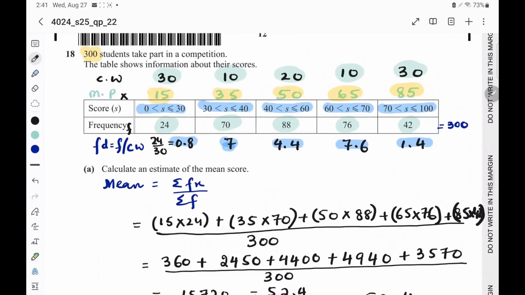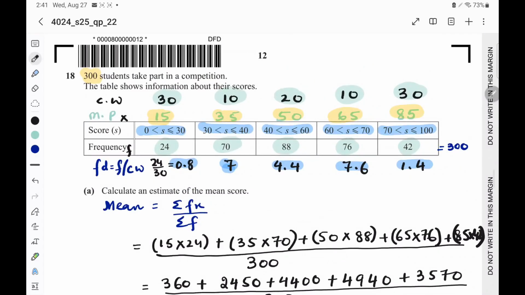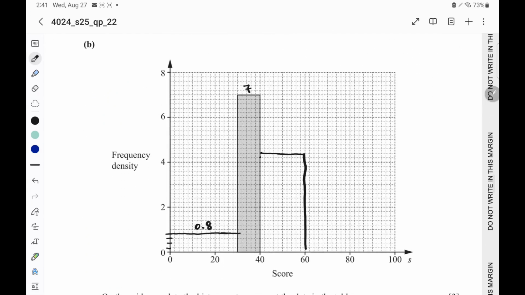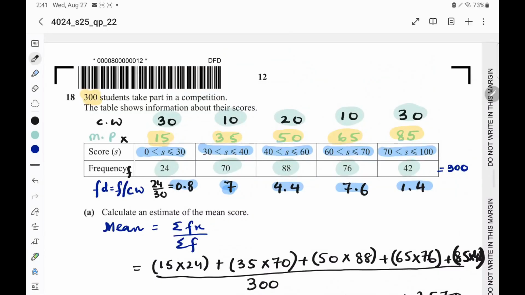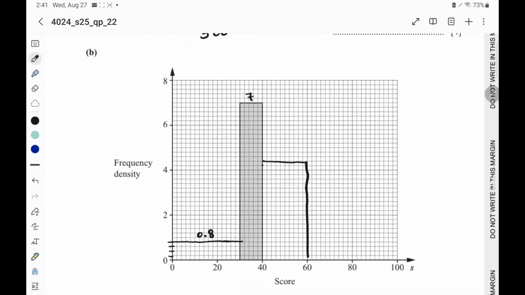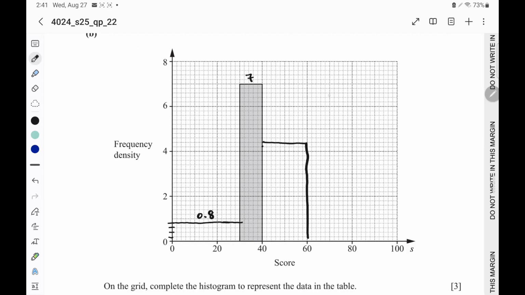Then 60 to 70 is reaching 7.6, and 70 to 100 is a broader line. So 60 to 70 is 7.2, 7.4, 7.6. Okay, this much.